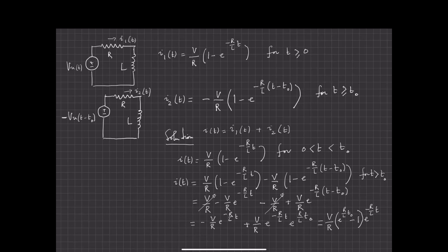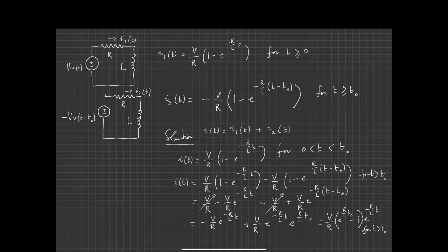And this is really evident. All I've done is pull out e to the power of minus R over L t, which is common to both, and V over R is common, so I've pulled all that stuff out. Okay, so this is the result. This is for t greater than t naught.